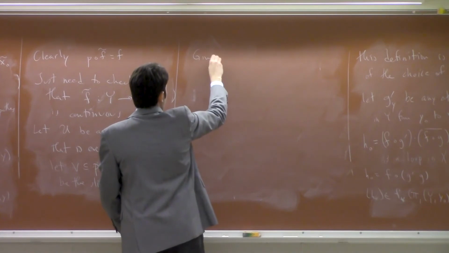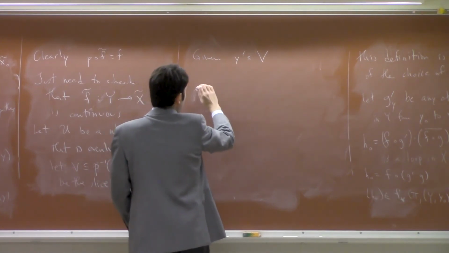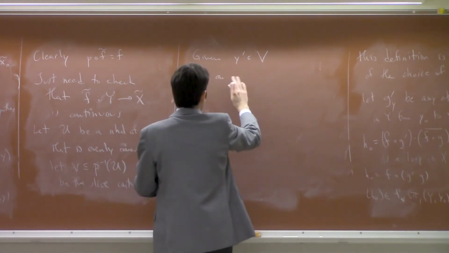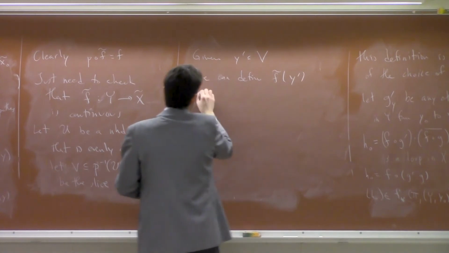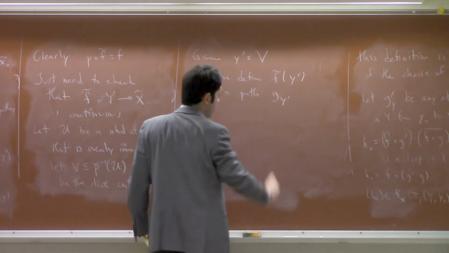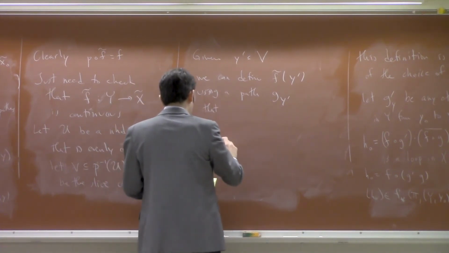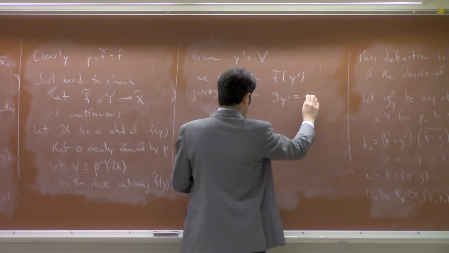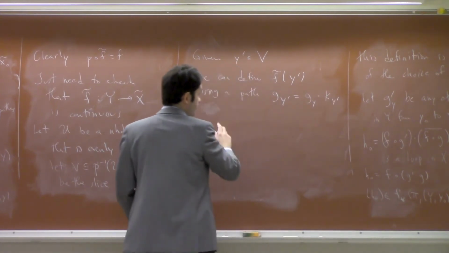Okay, so pick any other point. So we can define f tilde of y prime using a path g_y prime, let's say like this: g_y dot k_y prime.